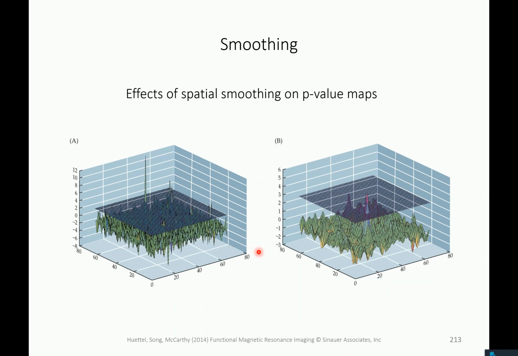The whole random field theory business and p-values is a whole semester issue that we did last summer term. So there are videos online, there's a paper online. We will not go into the details there because that's a whole new mathematical framework. But you will sometimes find that people argue for smoothing in the context of random field theory based p-values. It's not quite correct, but sometimes it comes up.